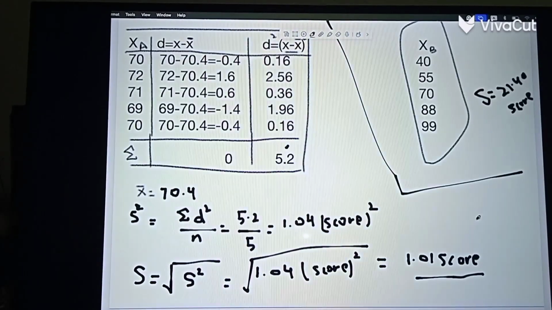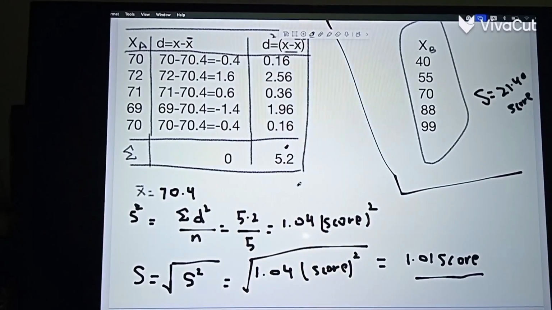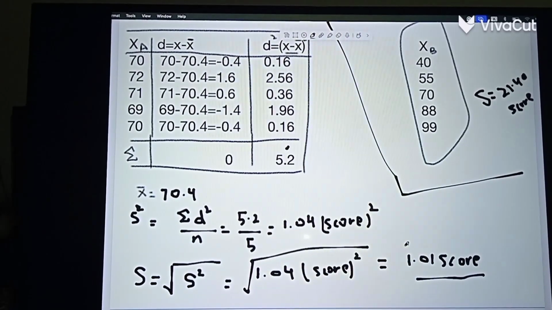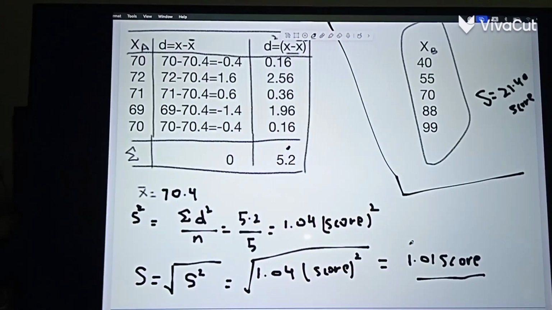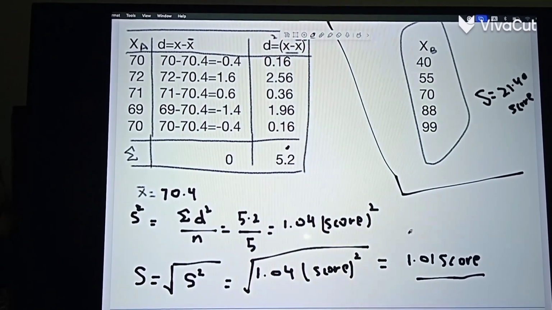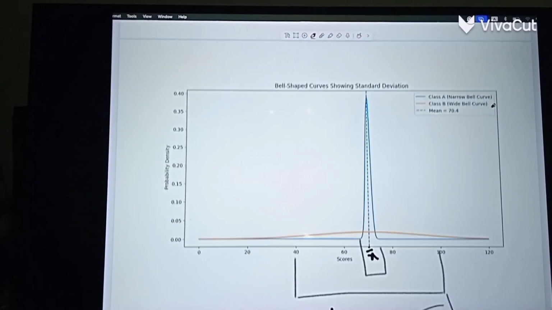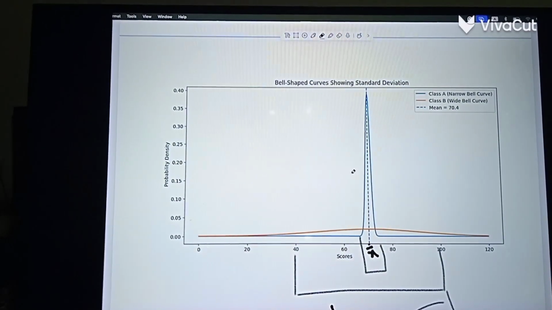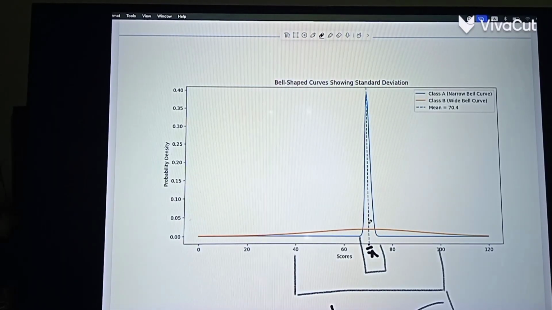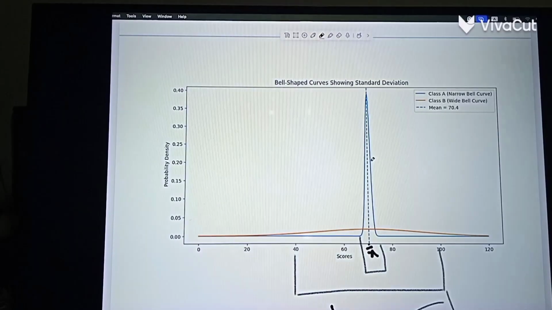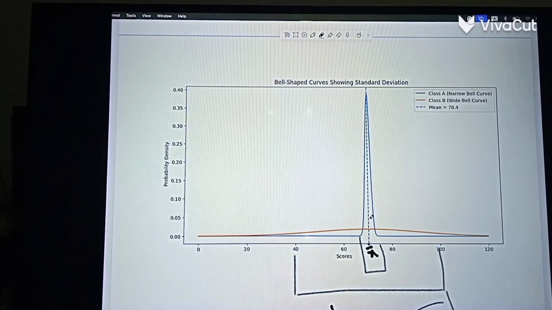Now see the differences. In class A test scores there is very little difference, meaning that all students have approximately the same score, whereas there is a 21.40 difference in the other. This difference can be seen from this graph as well. For the first set, class A, which is blue, the distance is this much.